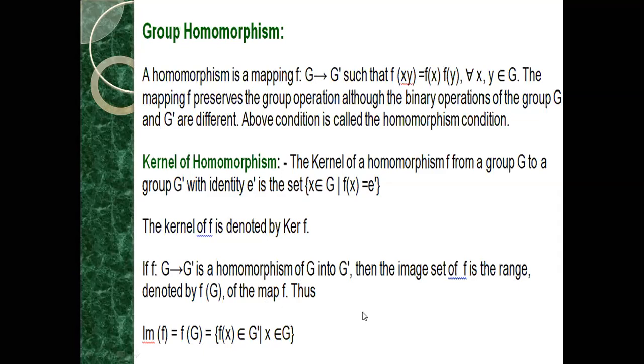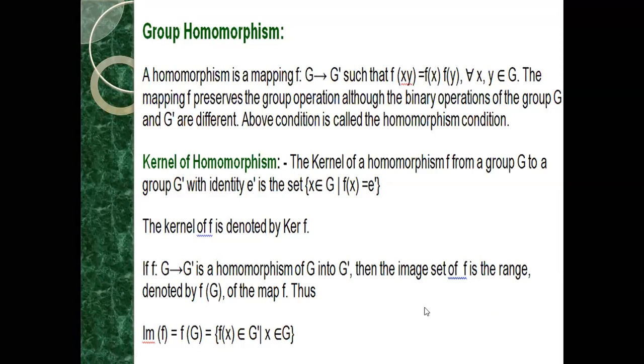Now simply, kernel f is equal to the set of x belonging to G such that f of x is equal to E dash, meaning every element of the domain that is mapped to the identity element in the codomain.